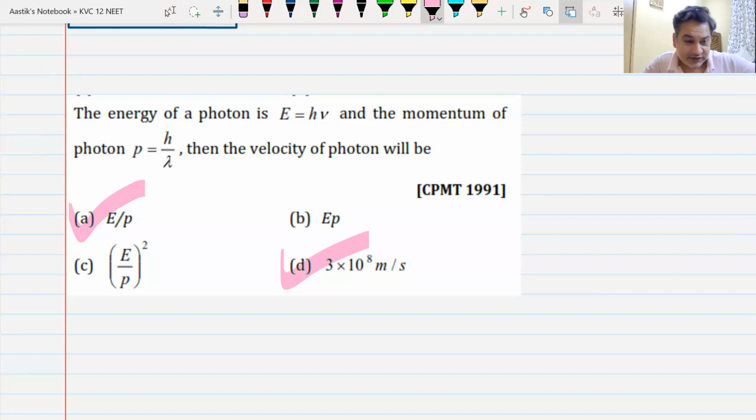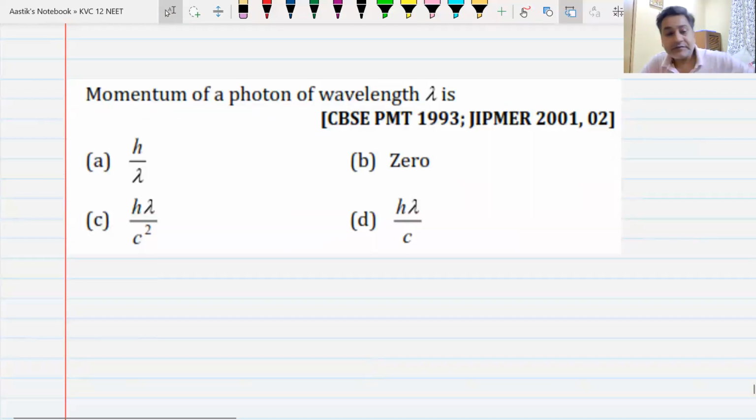I have seen a lot of mistakes in previous year NEET questions, not now, but four or five years back. But now since NTA has taken up NEET, the mistakes are not there.